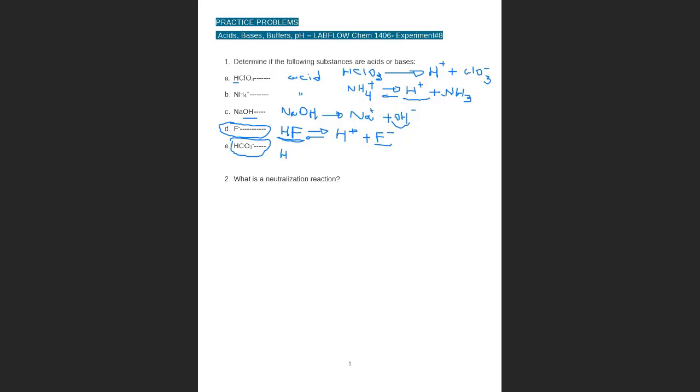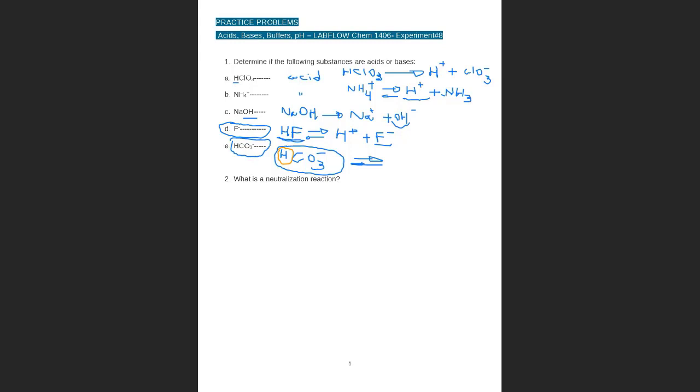We have HCO3 minus, right? Very good. So the first thing that we ask: can this ion donate an H? If it can, it's an acid. Yes, because it has this H here.